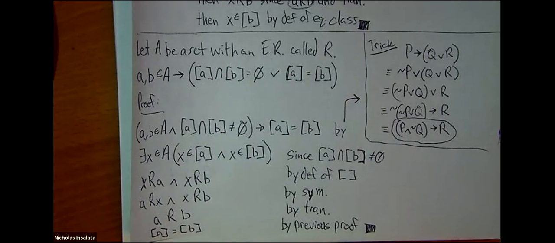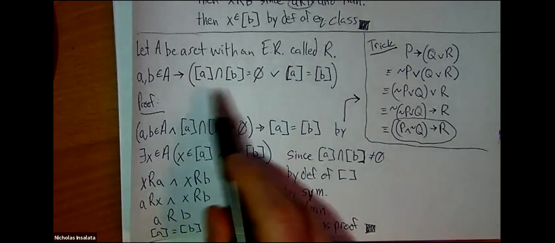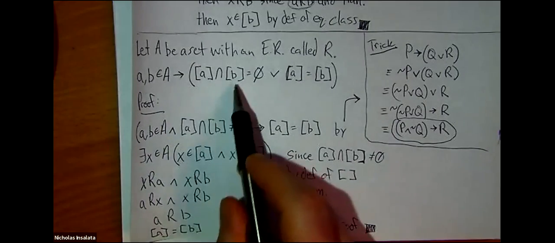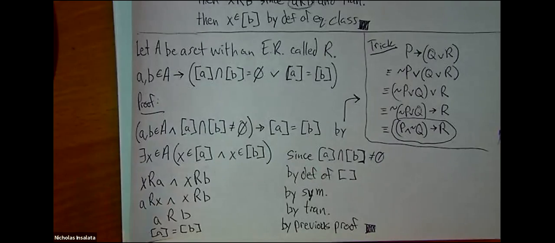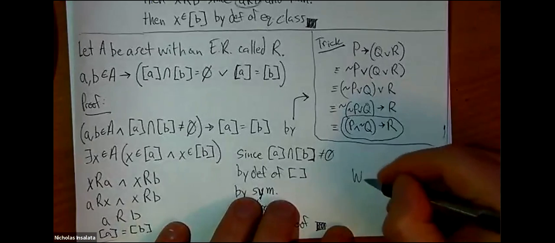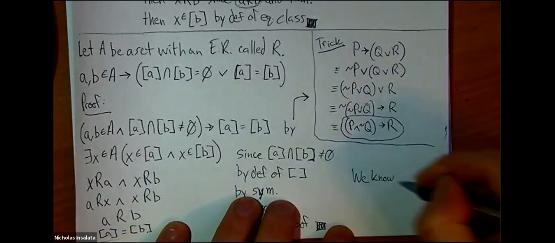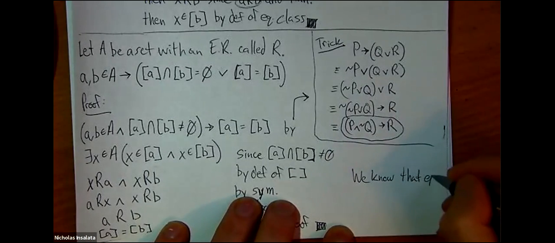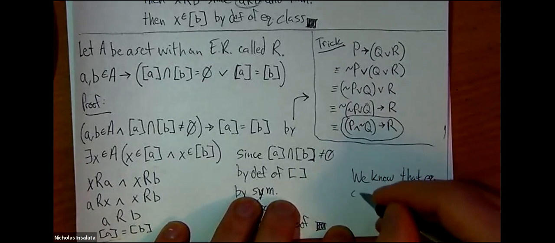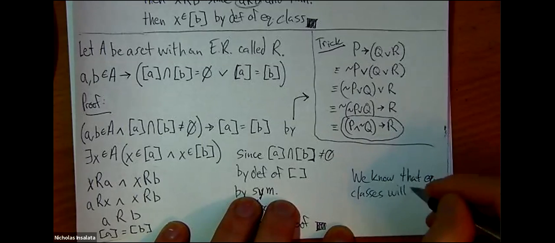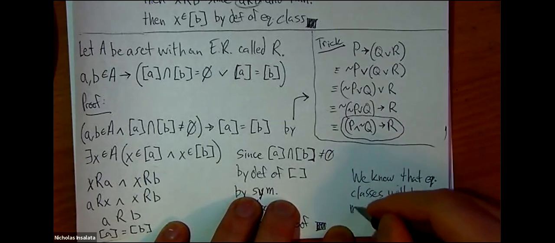So we know that the equivalence classes at this point are going to be mutually disjoint, right? So by this proof, we know that equivalence classes will be mutually disjoint.